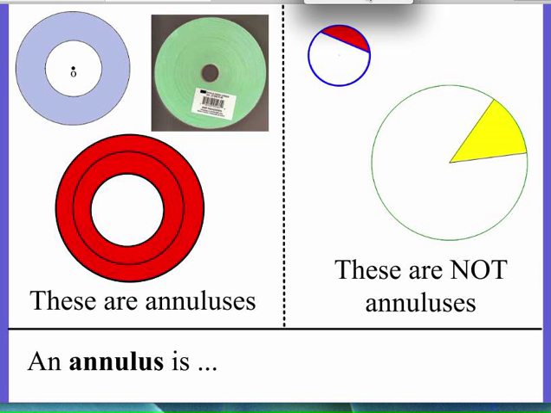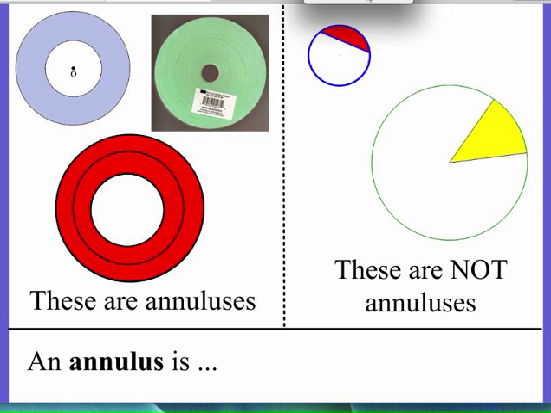A circle within a circle. Emma, Michaela, what'd you guys get? A circle inside a circle. What about here? A disc inscribed in a circle. What'd you guys get? An area created by concentric circles.